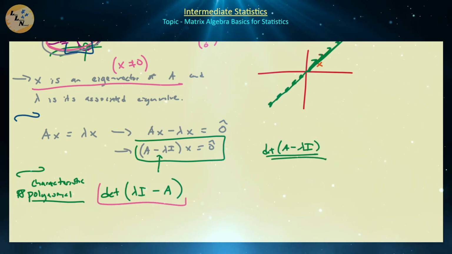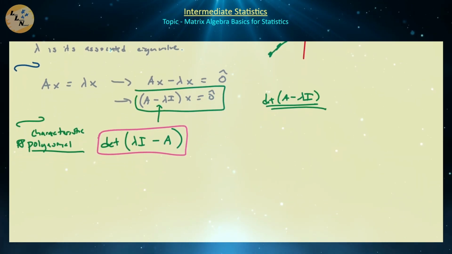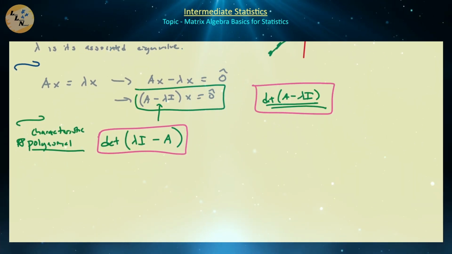I prefer this one for several theoretical convenience reasons, but you could do the determinant of A minus lambda I. You're going to get the same eigenvalues. Don't be scared that it might give you different answers, because it definitely won't. So I'm just going to take this as the definition of the characteristic polynomial of A, and this is going to be a polynomial of degree n in the variable lambda, right?